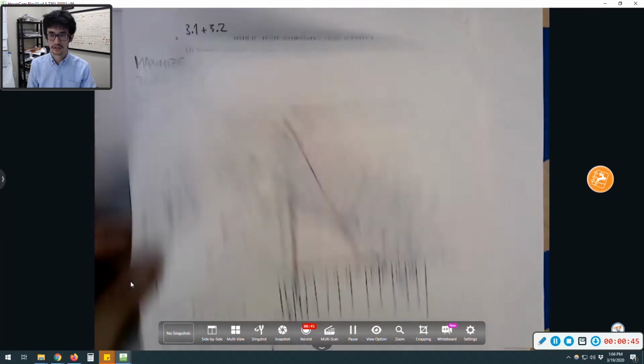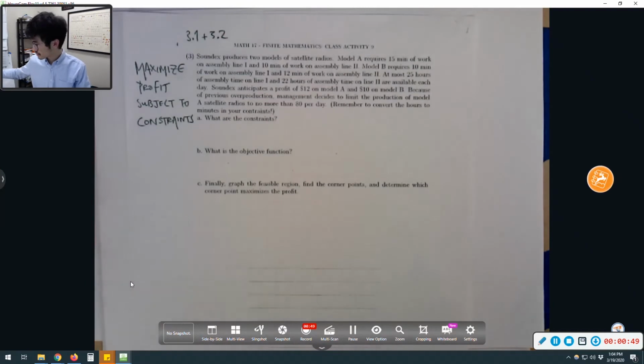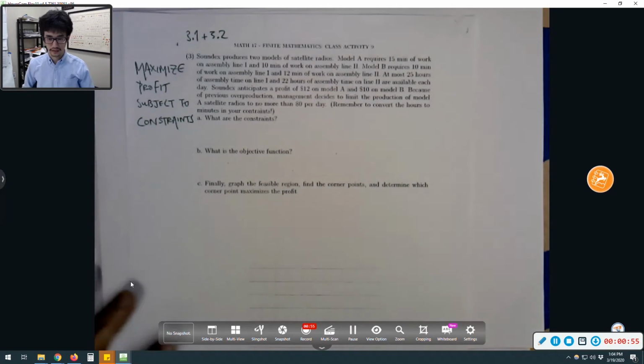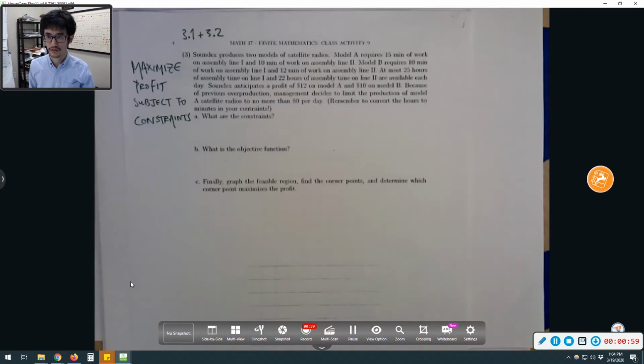Okay, so what we're on is example number 3, and this is that company Soundex. They produce 2 models of satellite radios. Model A requires 15 minutes of work on assembly line 1 and 10 minutes of work on assembly line 2.